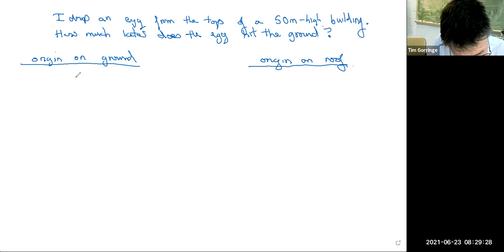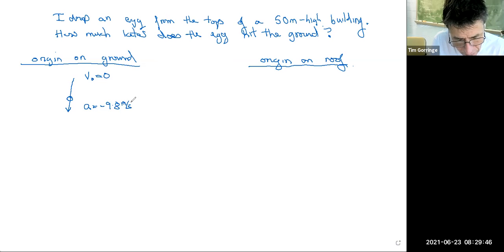So let me start with a sketch over here on the left. Here's the falling egg. The egg is released from rest, initial speed 0, and it accelerates downwards at minus 9.8 meters per second squared, the acceleration of gravity in a downwards direction.